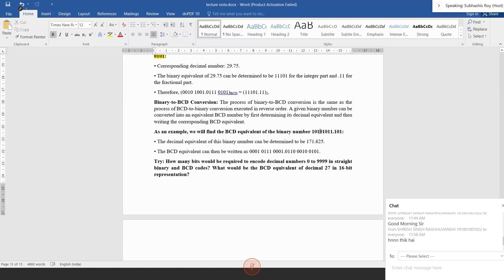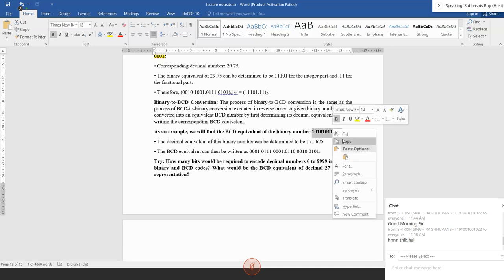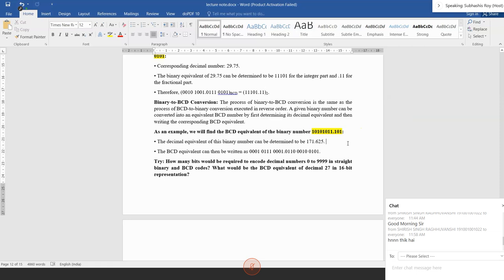Suppose this is the binary number, you can see here in this copy. So from this binary number, if you need to convert it into the BCD number, you need to take the decimal number. So what is the decimal number? From here you can calculate. How can you calculate?